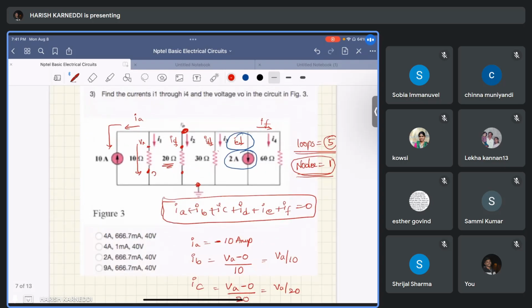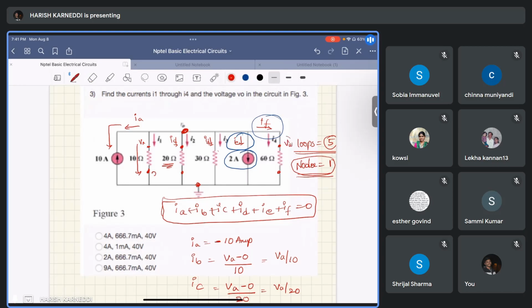Then IF, similarly, is the potential difference across the 60 ohm resistor.